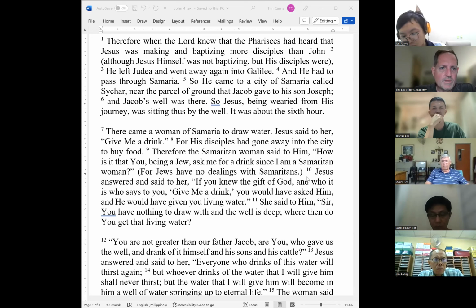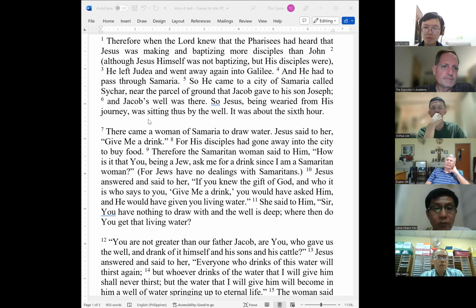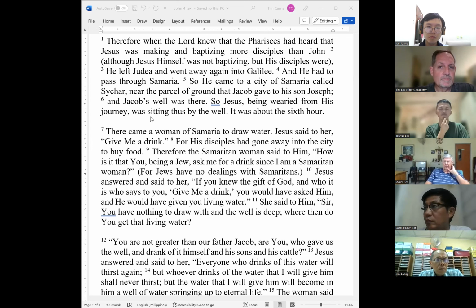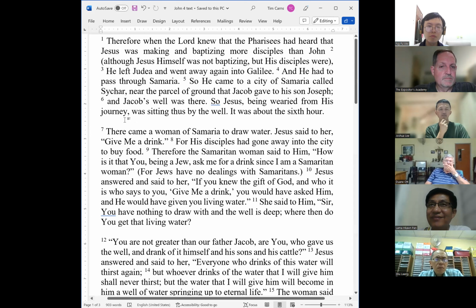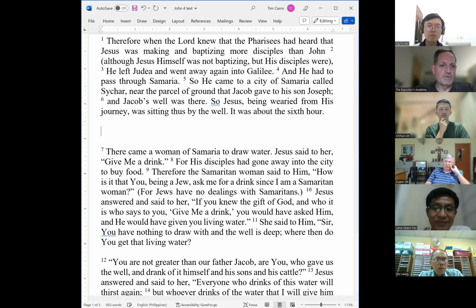I thought the easiest way to do this might be first, if there were any general observations from the passage overall, and then we could break it down by section. So, anything stick out to anybody just from the passage overall?